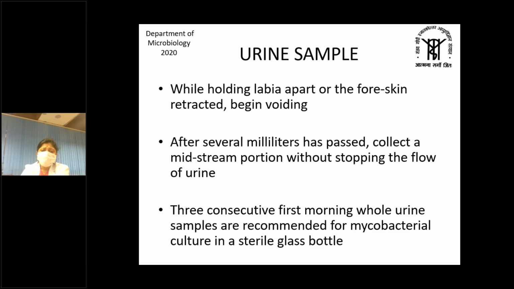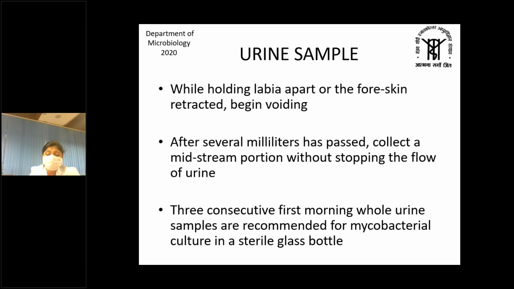Now, 3 consecutive first morning whole urine samples are recommended for culture of tuberculosis. So, with genitourinary tuberculosis, we have sterile glass bottles, which are larger bottles than the routine plastic ones, wide mouth screw cap bottles. And first morning urine sample for 3 consecutive days is recommended.